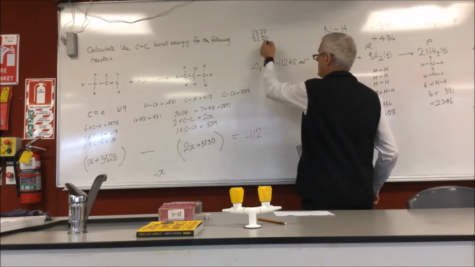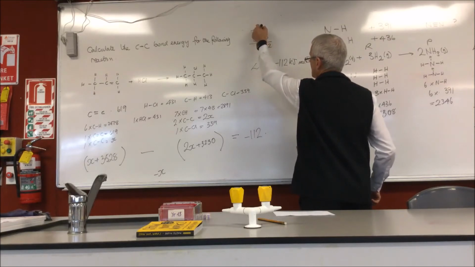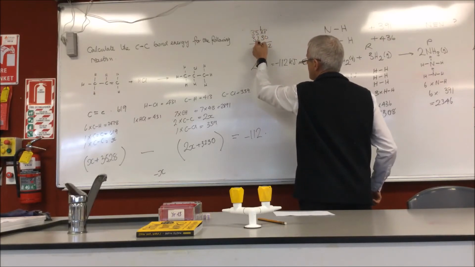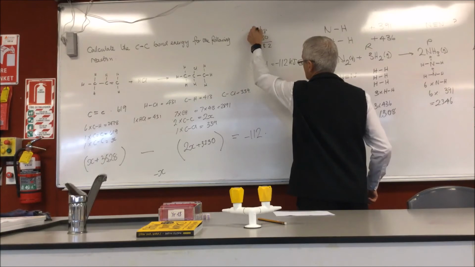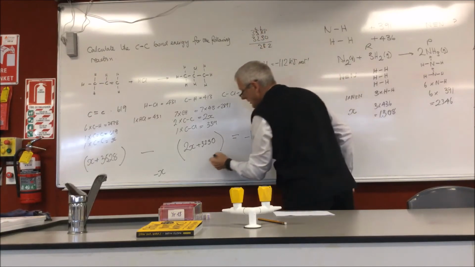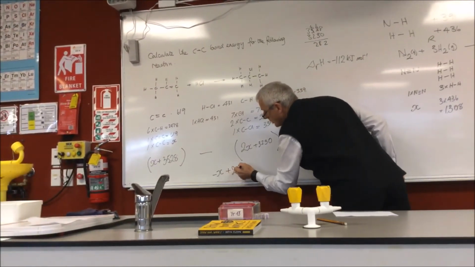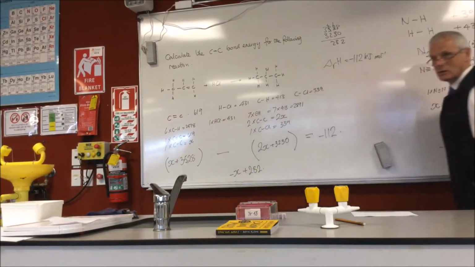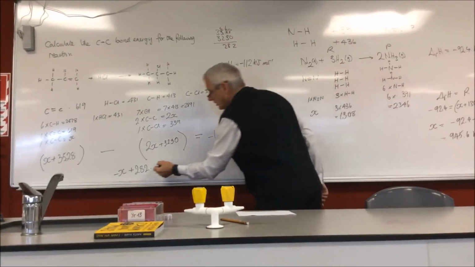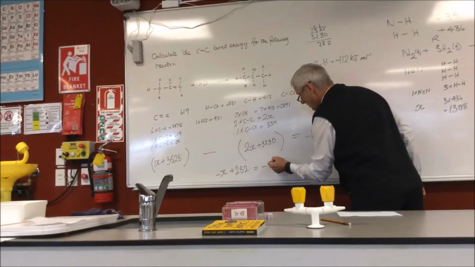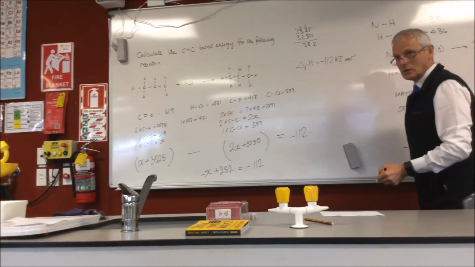I'll get there in the end. Yeah? So let's do that, shall we? 2, that goes down to 1. 3 from 11 is 8. That goes down to 4. 2. Yeah? And that's equal to minus 112.